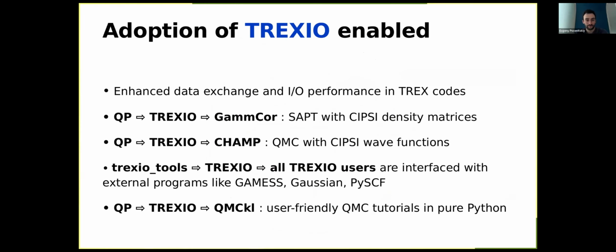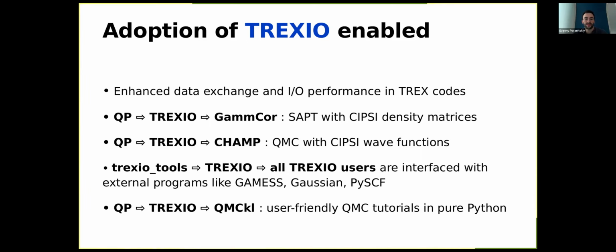So just a few words about the nice new exciting projects that were enabled by adoption of TREX.io. First of all, of course, we could unify the data exchange and we could improve the I/O performance, which was very important for us.